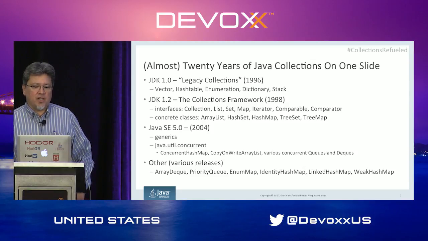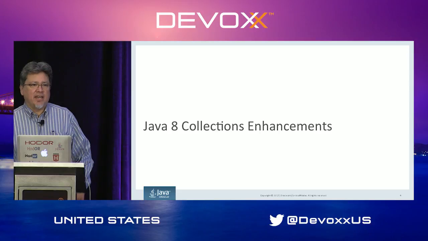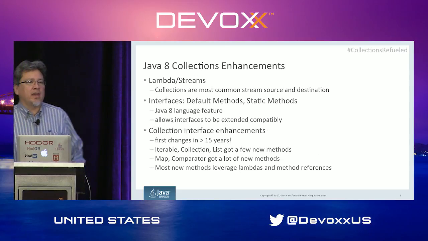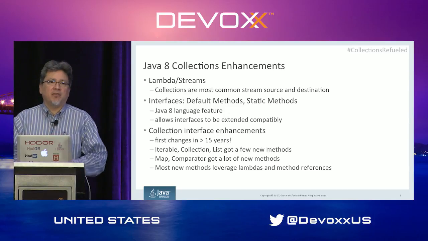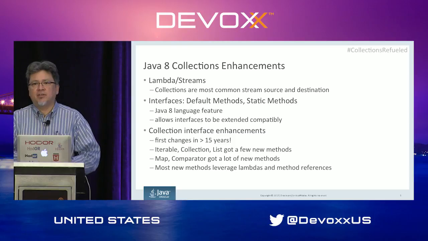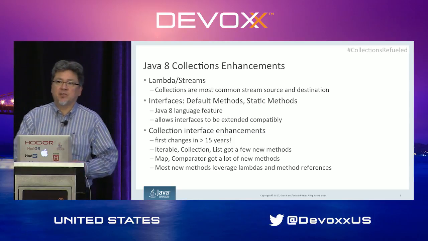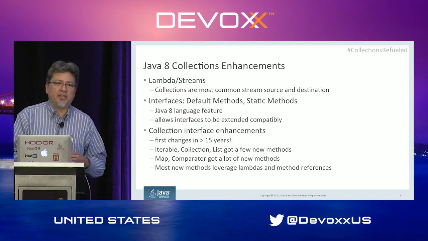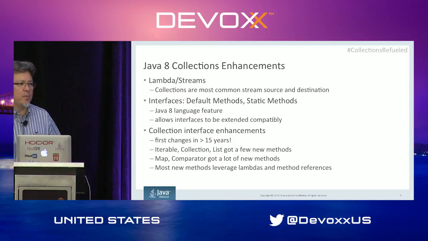All right, so, Java 8 collections enhancements. I think most people are aware that the big features of Java 8 were lambdas, which were added to the programming language, and the Streams API, which was added to the core libraries. Really interesting features, really useful. I hope everybody's using them.